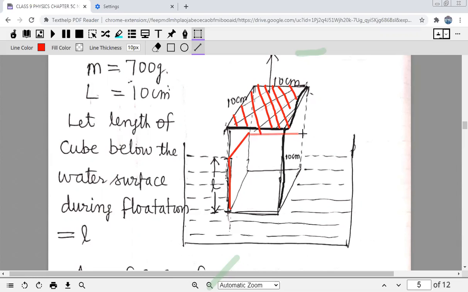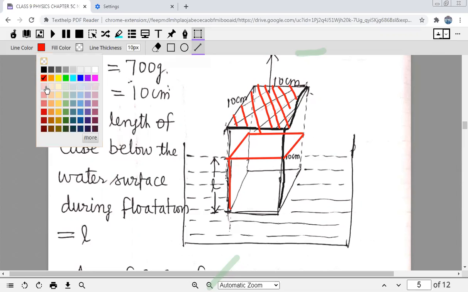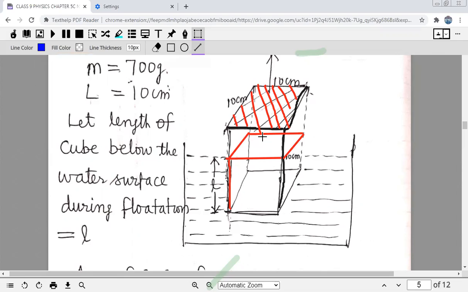See, this is the volume of the immersed portion which I am showing here. This part is underwater.